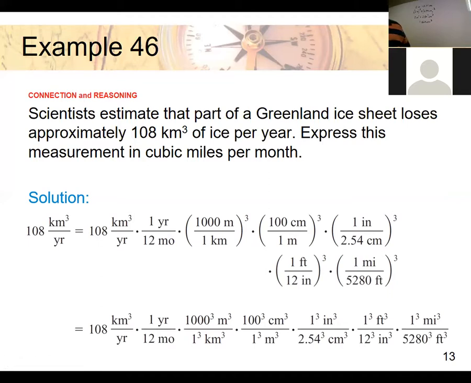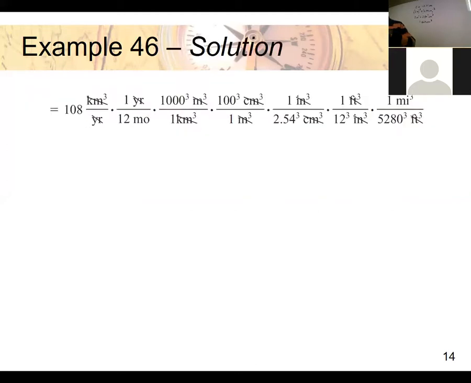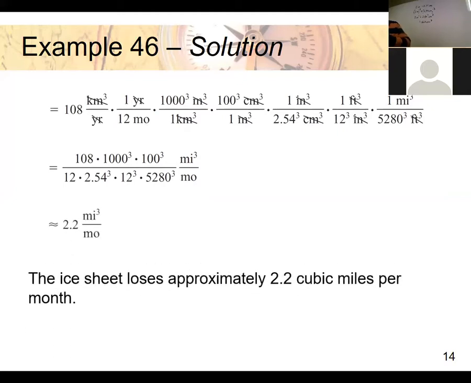They cubed everything that's in the parentheses and then divided out those units, because cubic miles per month is what they want. Simplify all of that using the calculator, and you'll end up with approximately 2.2 cubic miles per month.